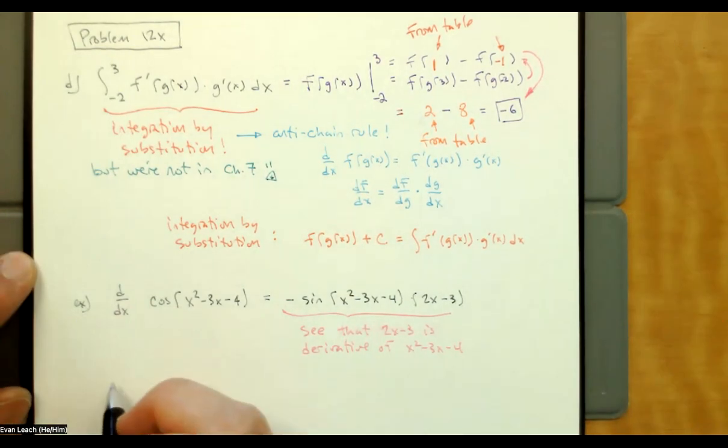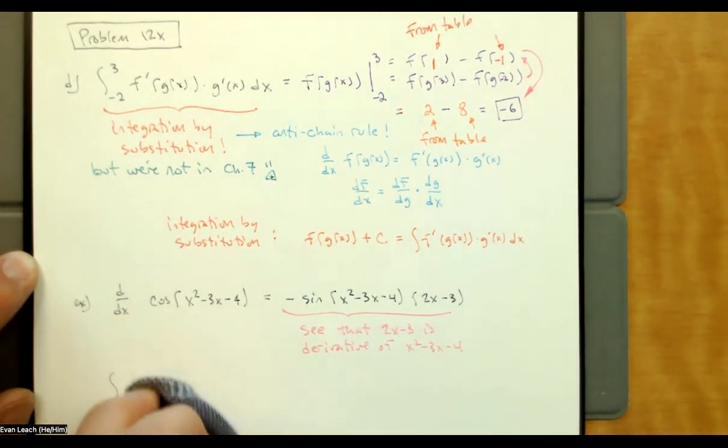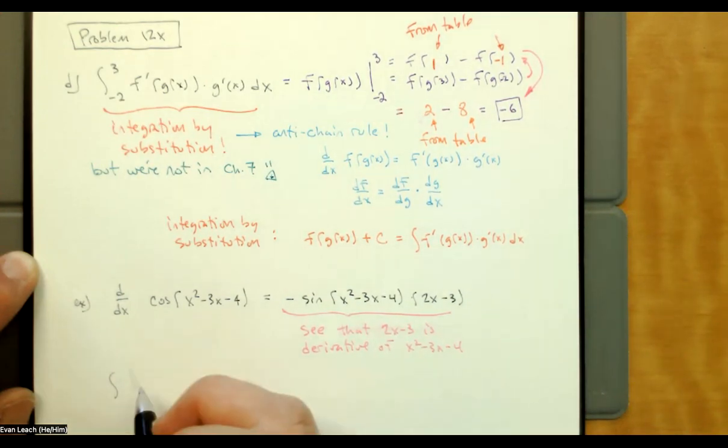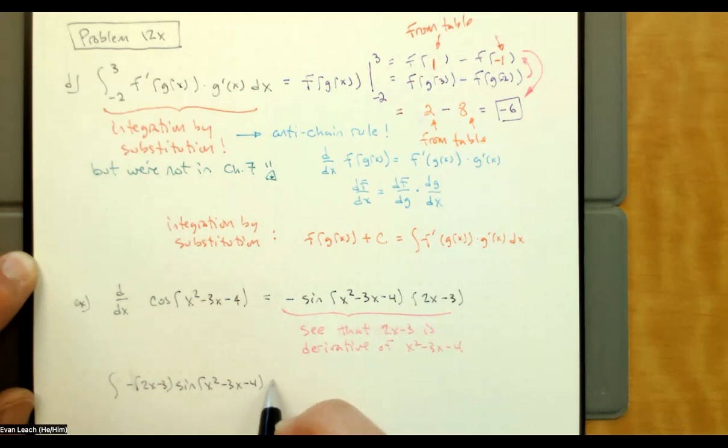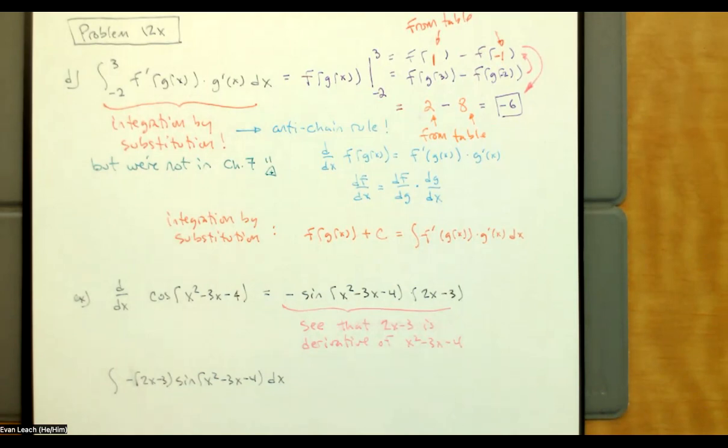So if I say something like the integral of sine, I'm going to write it all in a funky order too. We want to see this minus 2x minus 3 times sine of x squared minus 3x minus 4.